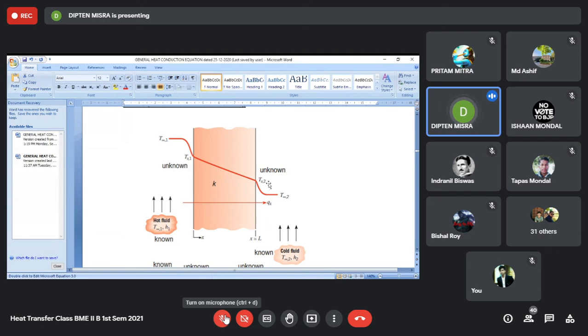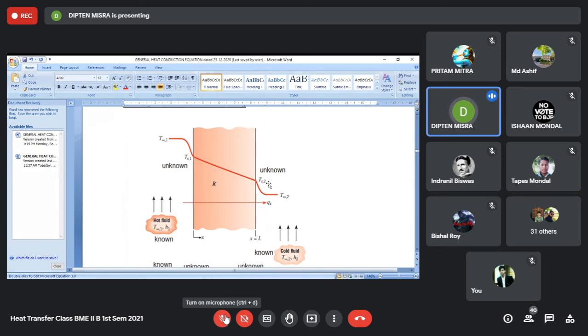We cannot stop that heat flow from the hot room to a colder surrounding. There will be a heat loss. What we can do is that the rate at which the heat is lost from the room to the surrounding through its wall, if we can supply an equal rate of heat inside the room by maybe something like a room heater, then we can maintain constancy of temperature inside the room.